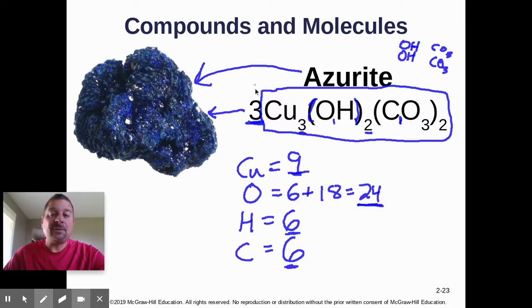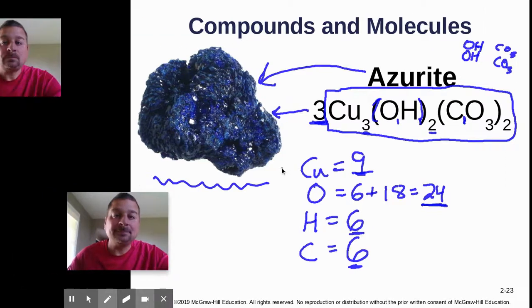So these formulas tell us what specific ratio, and sometimes with the parentheses with polyatomic ions, you'll learn more about that in chemistry, how they all combine together to make this pretty blue rock over here.